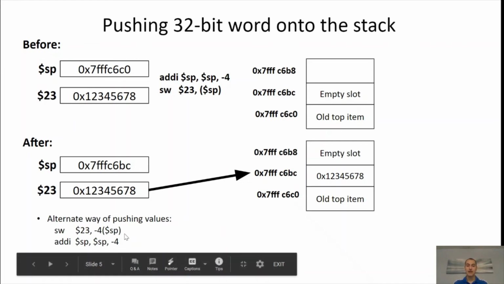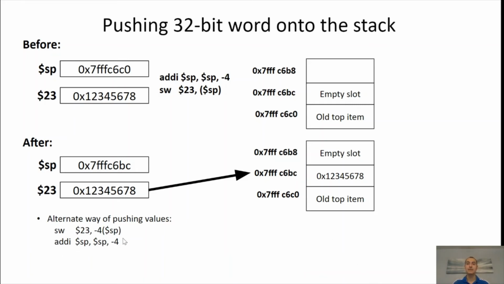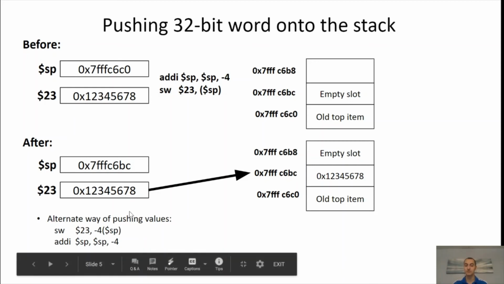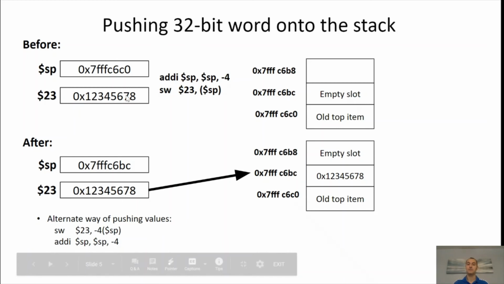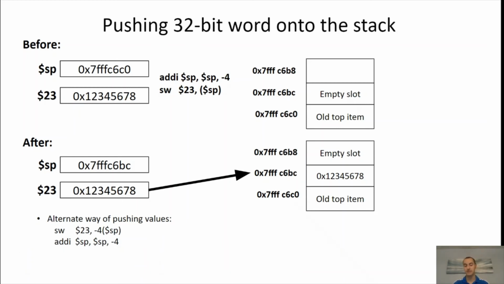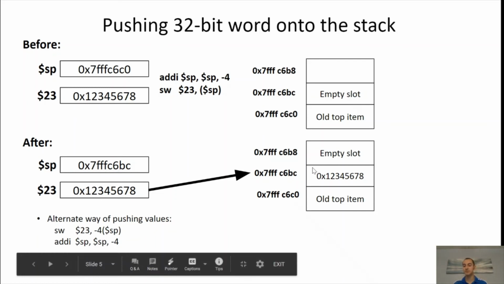The reason for that is, imagine a case that you're adding more than one item to your stack. Let's say you have 5 different variables, and they're all stored in your registers, and you want to take all of those 5 numbers and put them in your stack.